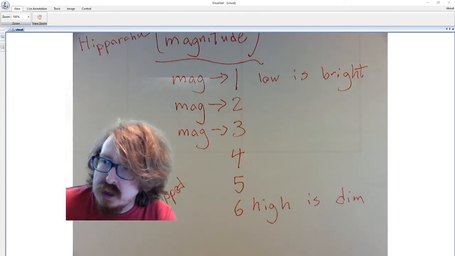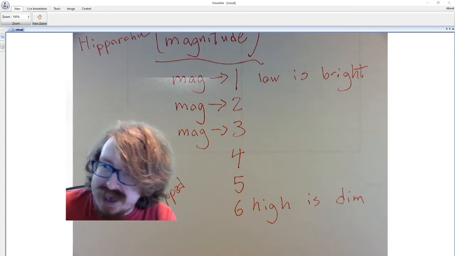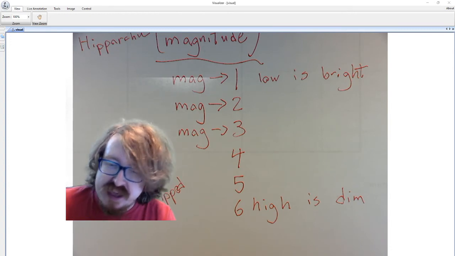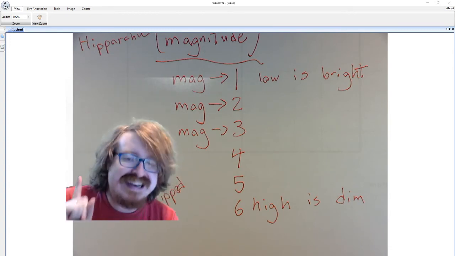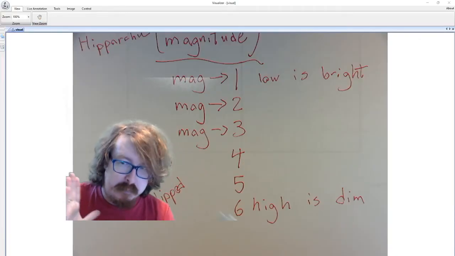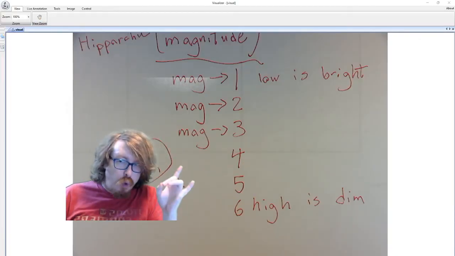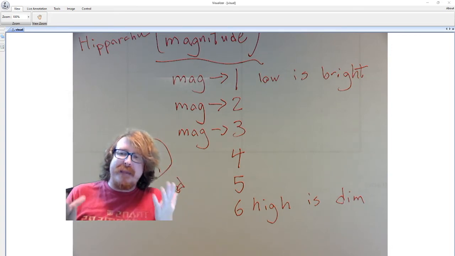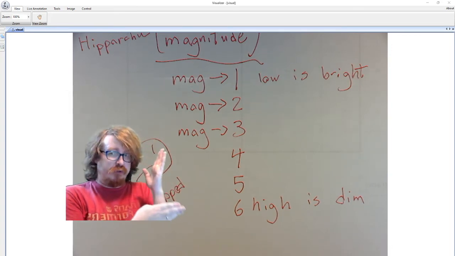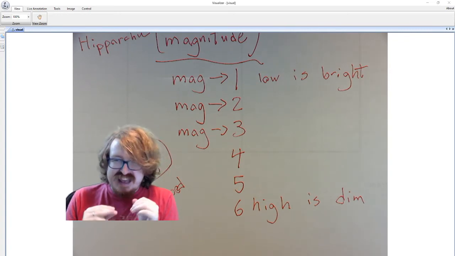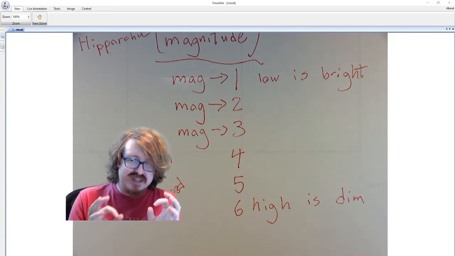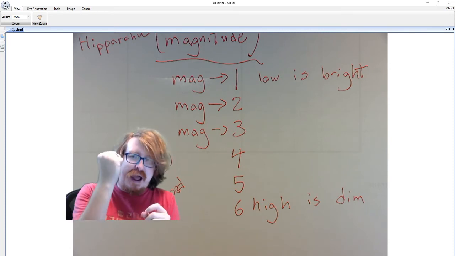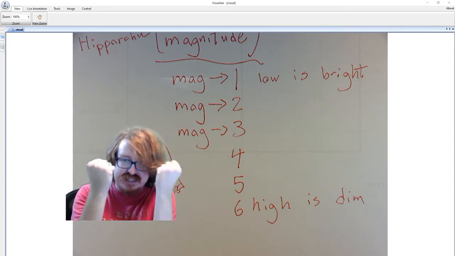Okay? But essentially, I'll go ahead and tell you right now that there is going to be one test question about magnitudes, and it's going to be designed to make sure that you know it's flipped. So essentially, you're going to have a situation on the test where there's one object that's bright and one object that's dim.